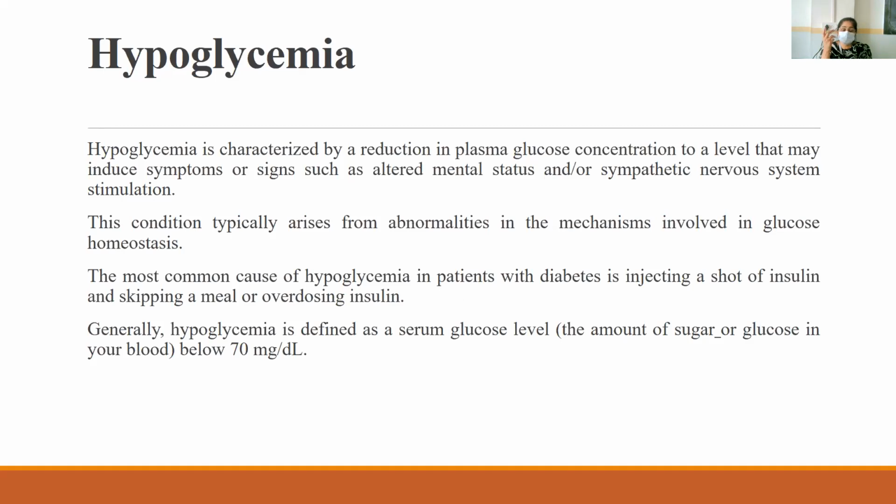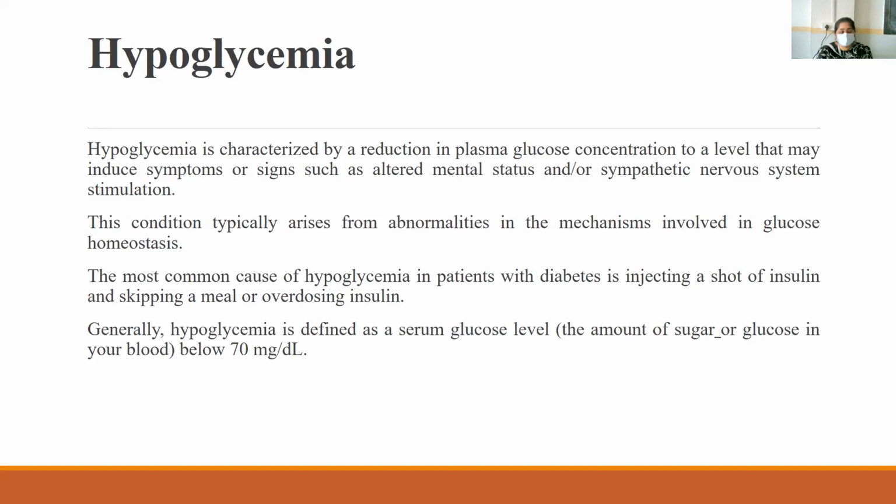When you would have done your enzymology practicals, you would have noticed that if you're not pipetting properly, you don't get the correct values, right? So even 1 drop can make a lot of difference. So when you're injecting or overdosing with insulin, hypoglycemia can occur. Generally, hypoglycemia is defined as a serum glucose level, the amount of sugar or glucose in your blood, below 70 milligram per deciliter.